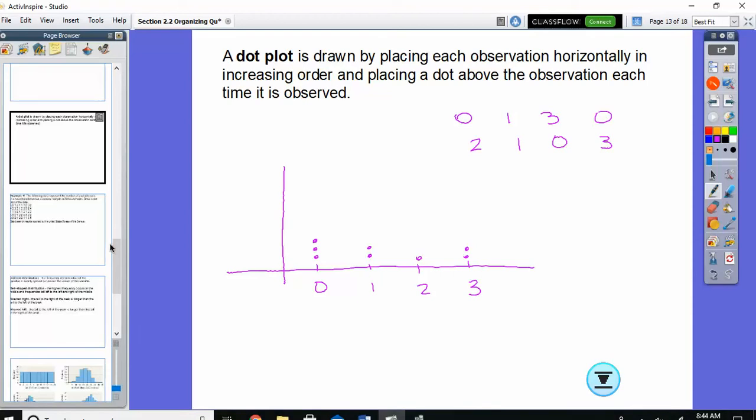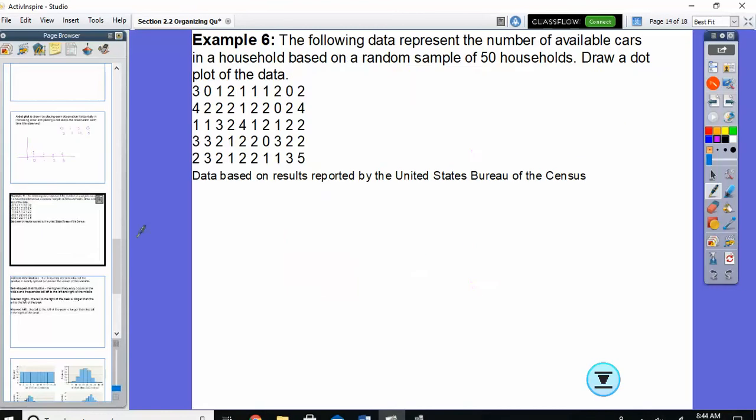Going back to that very first example we had, I gave you the number of cars in a household, and we drew a histogram for it. Let's do a dot plot for it instead. I think on your example slides, I gave you that set of data again, so you don't have to flip back and forth. So we have number of cars, and we have the frequency.